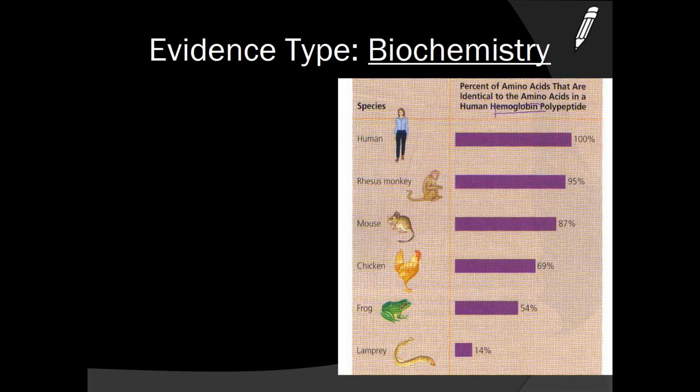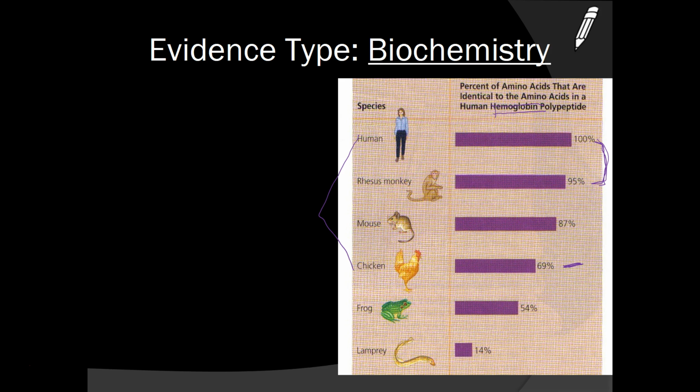If I look at the hemoglobin protein, a monkey's protein is about 95% identical. They're very, very similar. Whereas, let's say a chicken or a frog, we'll say a chicken, is only 69% similar to humans. So that would suggest that the common ancestor between the chicken and the human was even farther in the past.